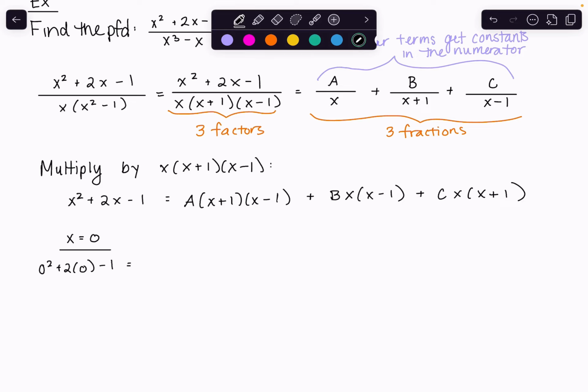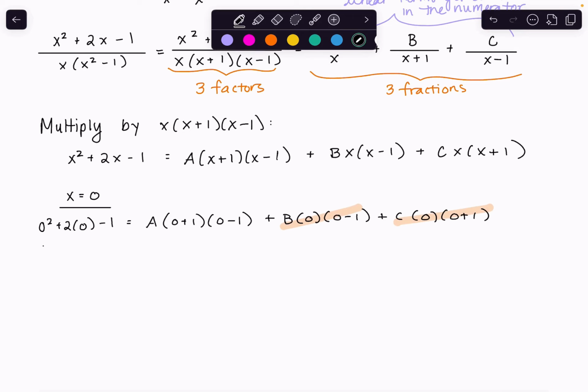And this is the only one I'm going to plug in 0 in for everything. You get a times 0 plus 1, 0 minus 1, b times 0 minus 1, c times 0 plus 1. So again, when you times by 0, those do not matter, so they are gone.